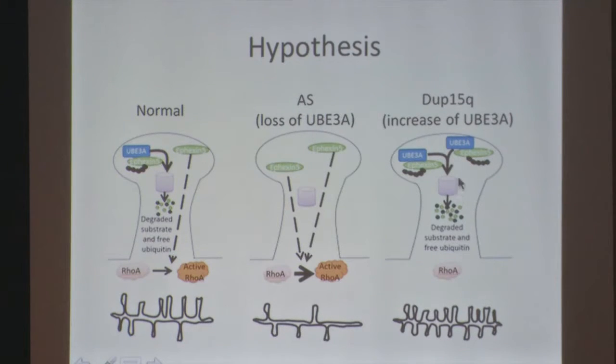And in cases where UBE3A is upregulated, Rho-A would be turned off, and the RAC1 system would take over and activate actin dynamics.